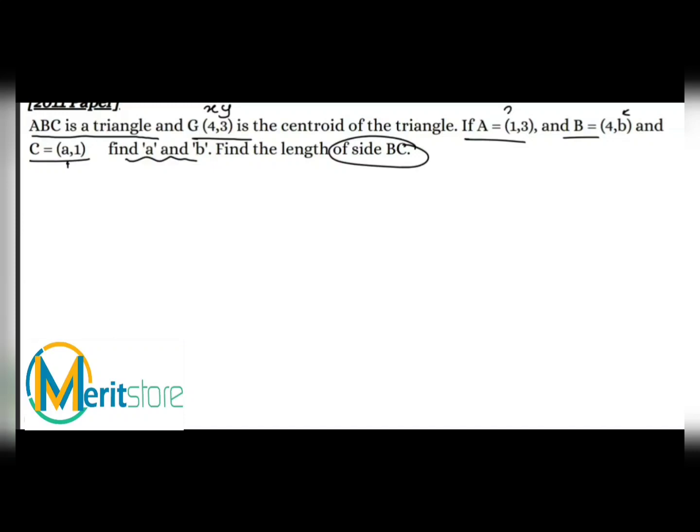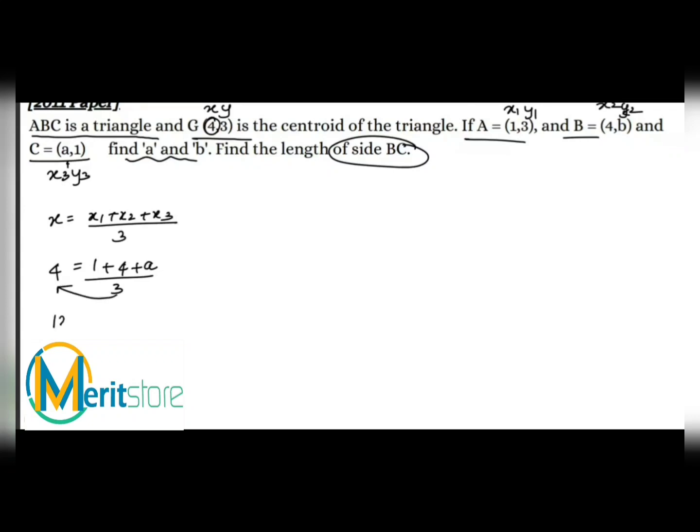I'm going to take A as x1, y1, B as x2, y2, and C as x3, y3. So according to the centroid formula, x is equal to x1 plus x2 plus x3 upon 3. So x is 4. x1 is 1, x2 is 4, and x3 is a upon 3.